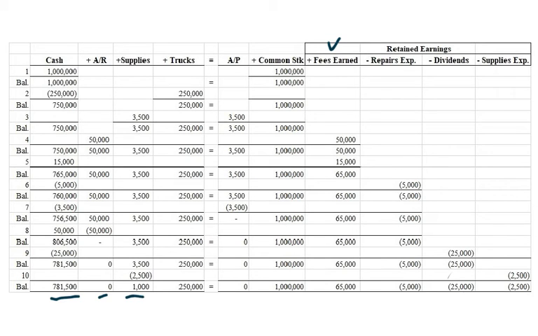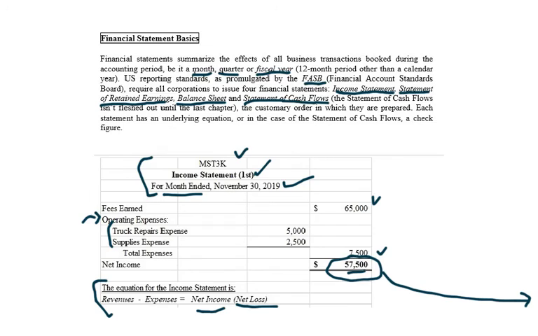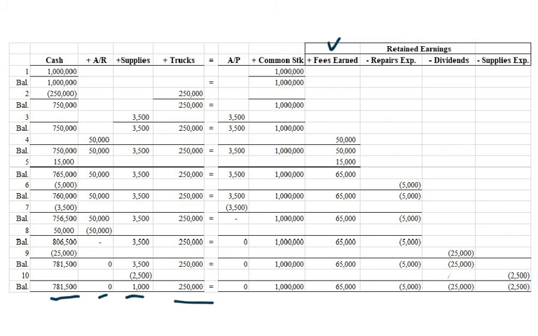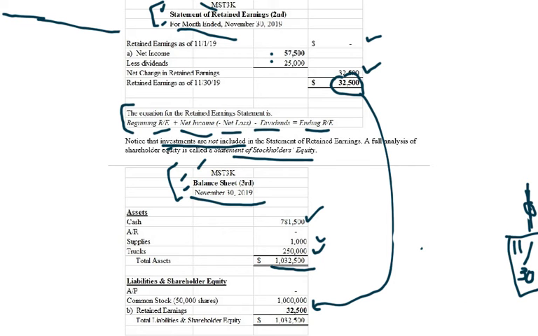Supplies at $1,000, $250 for trucks. We'll see all that to be true. I put accounts receivable in there even though it was a zero balance just for completeness sake. And then we just total it up. So we get our total assets, $1,032,500. Okay, and then we look at the other half of the accounting equation. So accounts payable had a zero balance, $1 million in common stock, and of course, in this case, the missing piece is the retained earnings balance.